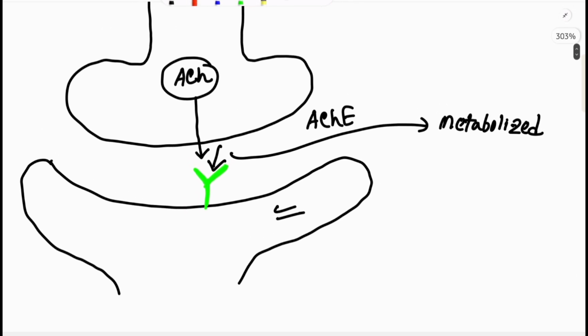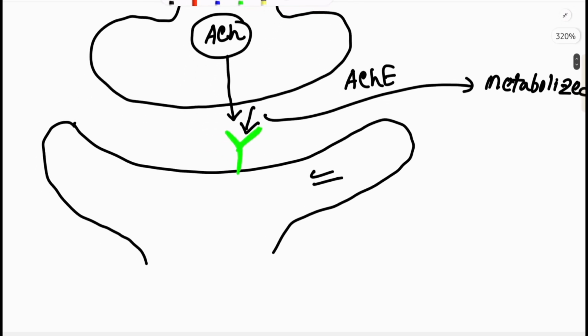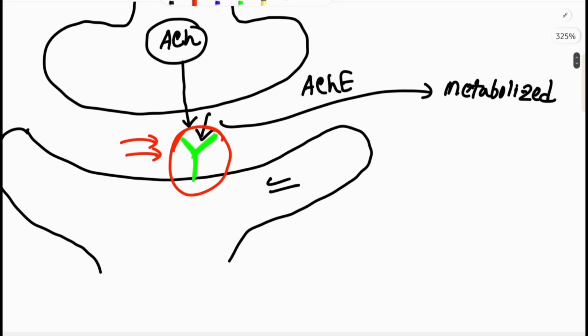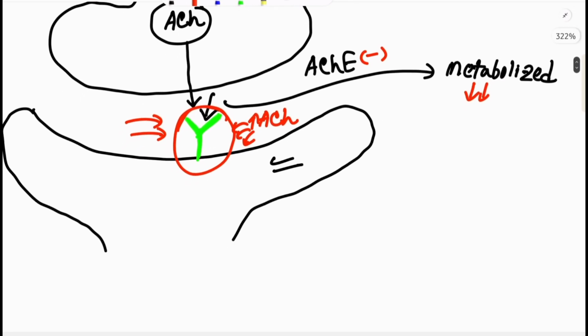So if we want to stimulate the cholinergic nervous system, we have two options. Either we can directly stimulate the acetylcholine receptor, or we can inhibit the acetylcholine esterase enzyme, which leads to less metabolism of acetylcholine and increased concentration of acetylcholine in the synaptic cleft. Increased concentration of acetylcholine will stimulate an increased number of acetylcholine receptors, so there will be stimulation of the cholinergic nervous system.